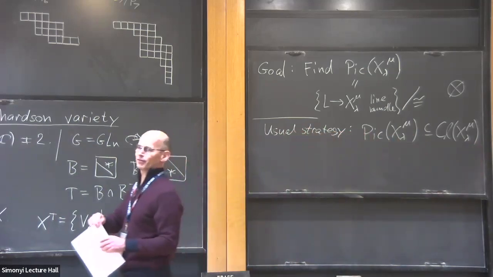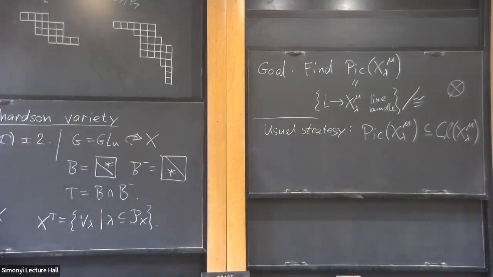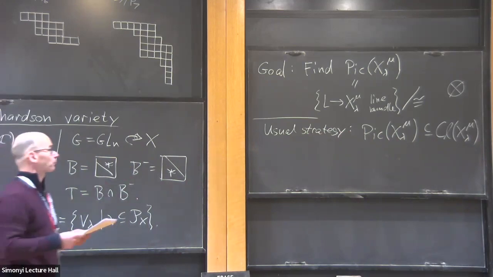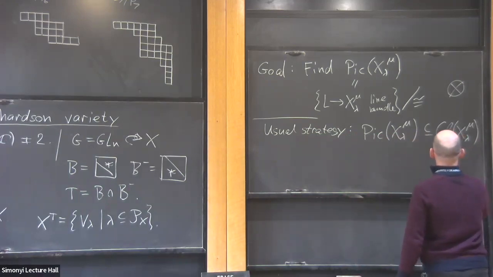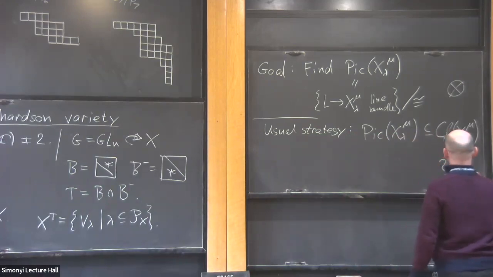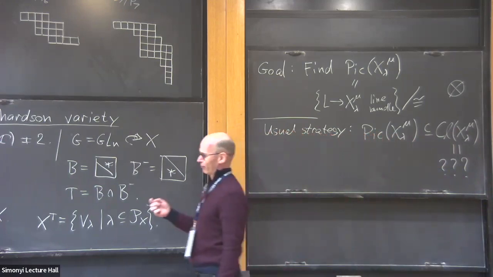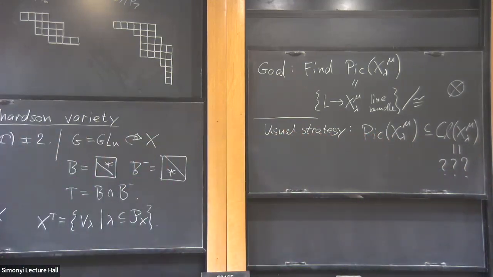You can work with divisors and poles and zeros of functions, and then you can often use it to figure out what are the line bundles, what is the Picard group. But the problem with that is I have no idea what is the class group of a Richardson variety. It's not known.